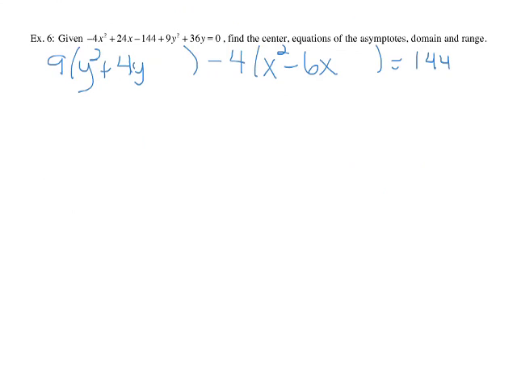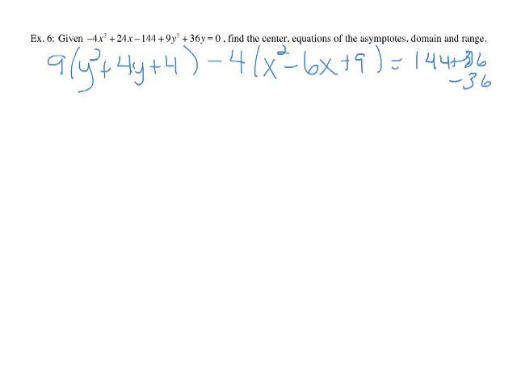And then I'm going to take half of 4 and square it, so that becomes plus 4, but I didn't really add 4, I added 36. And then half of this squared, so that'd be plus 9, but I didn't really add 9, I subtracted 36. Oh, look, those cancel out.